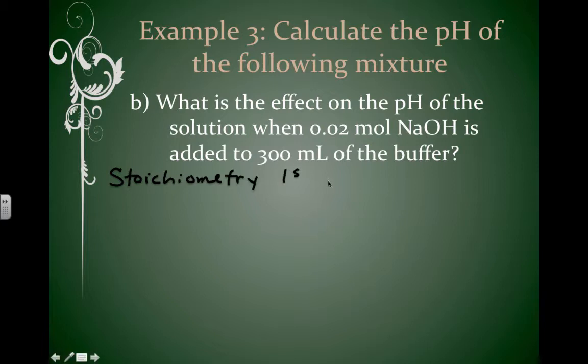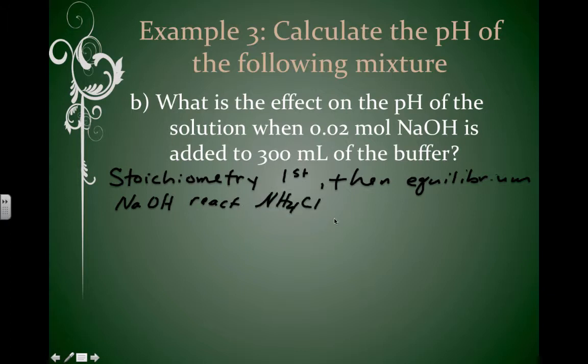So stoichiometry first, then equilibrium. So when we add sodium hydroxide, we know that that's going to react with the weak acid, right? The NH4Cl is the one that's going to be reacting with the hydroxide.